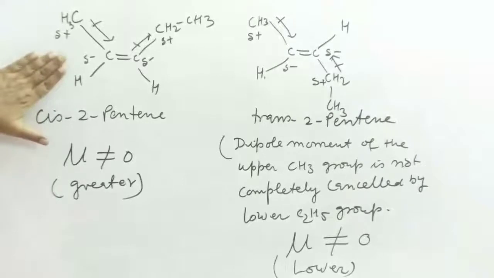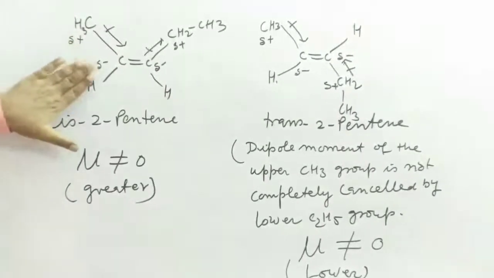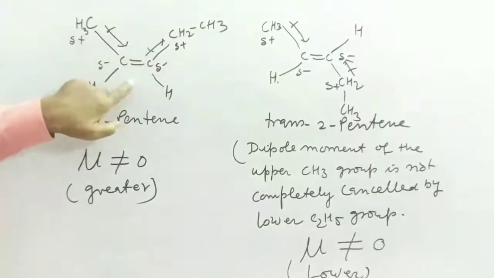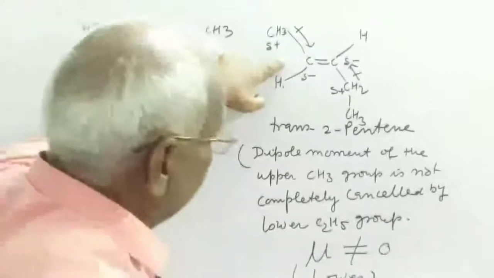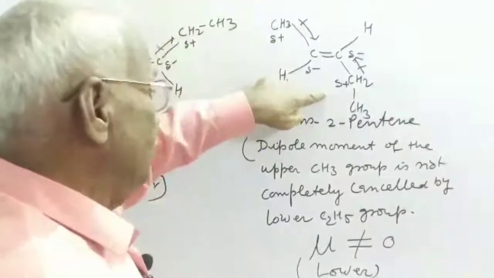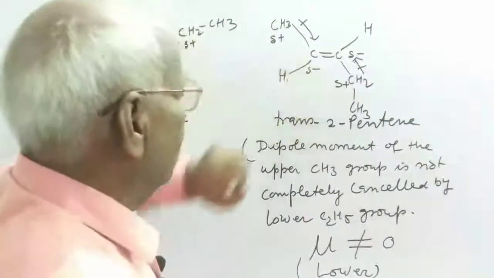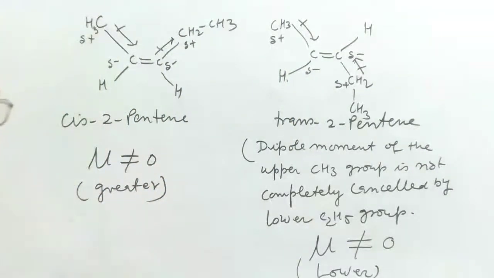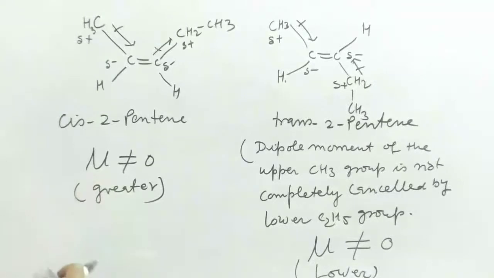This has more dipole moment because there is no chance of cancellation. In this case, there is cancellation of dipole moment, but not the complete cancellation. So it has little value of dipole moment and the other has more value of dipole moment.